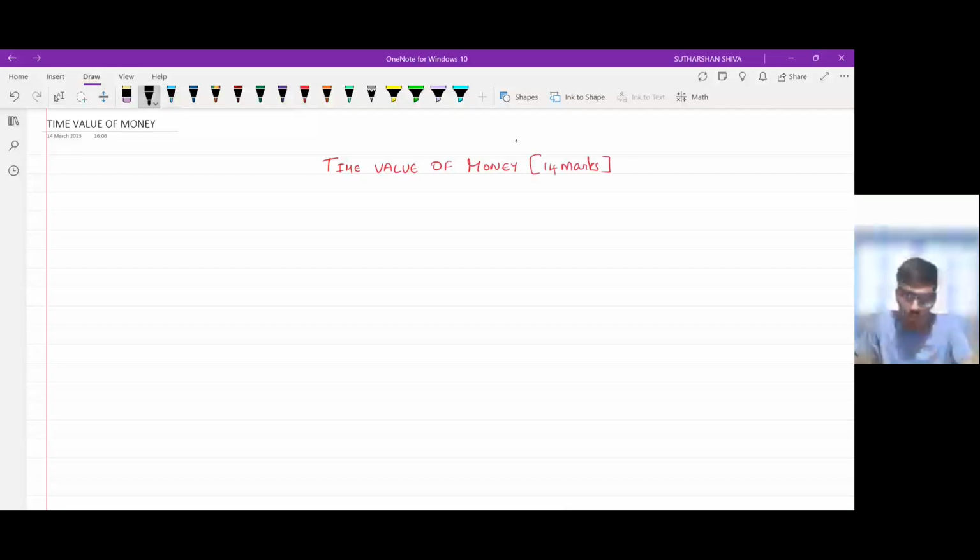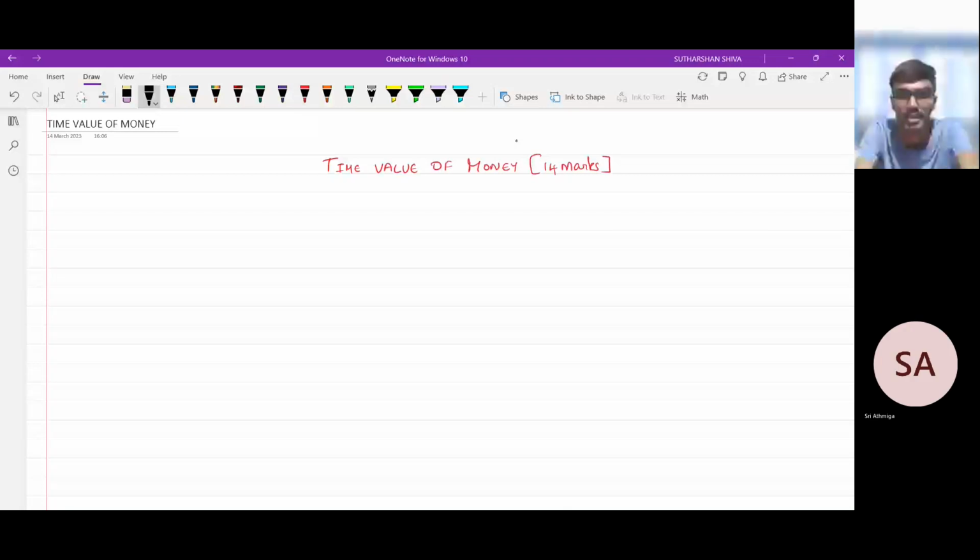What is time value of money? Why is there a time value of money? Currently, the money is a certain amount, and I use it in the future.